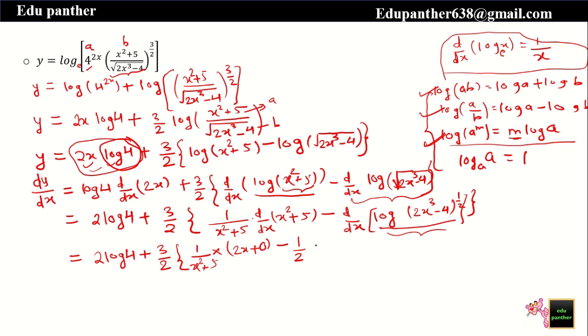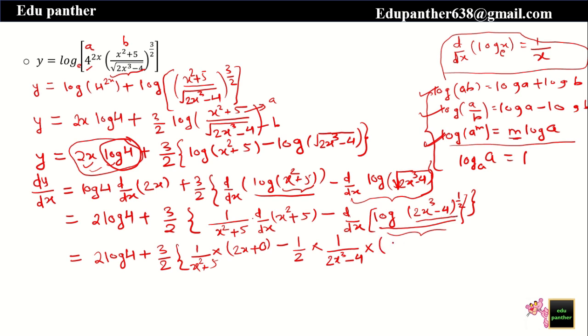So the derivative of log is 1 upon x, but in place of x we have to write 2x³ − 4. So 1 upon 2x³ − 4, and then we have to multiply with the derivative of the term present in the bracket, which is 2x³ − 4 here.